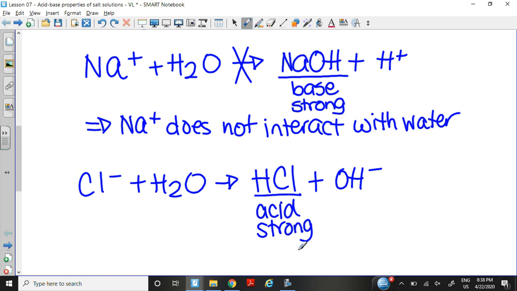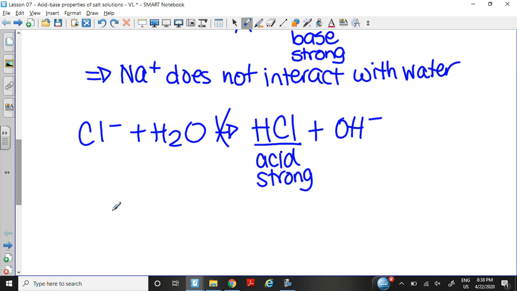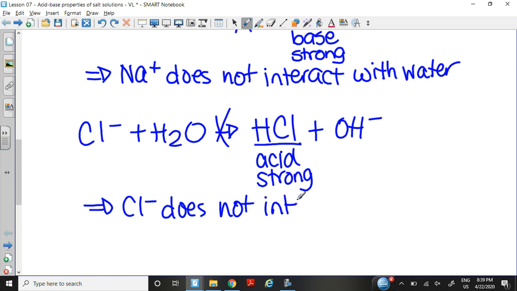And again, then we take a step back and say, is this possible that we can reform a strong acid molecule in the presence of water? No, definitely not. So this is not possible either. So we can conclude chloride does not interact with water.